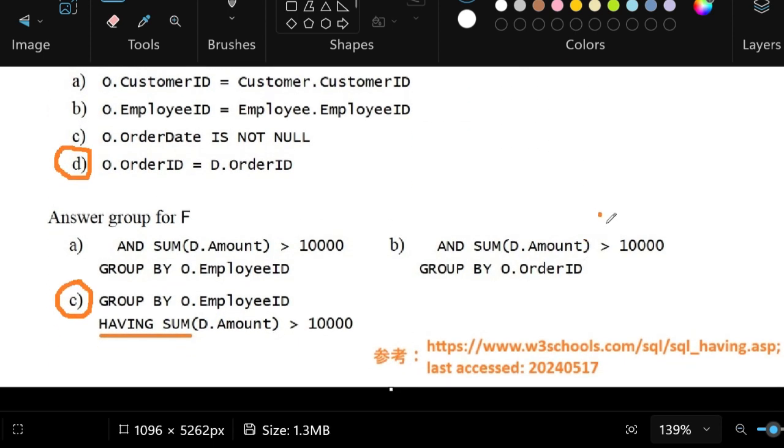Okay, so that should explain this part of the question, and we'll continue on with some of the remaining ones.